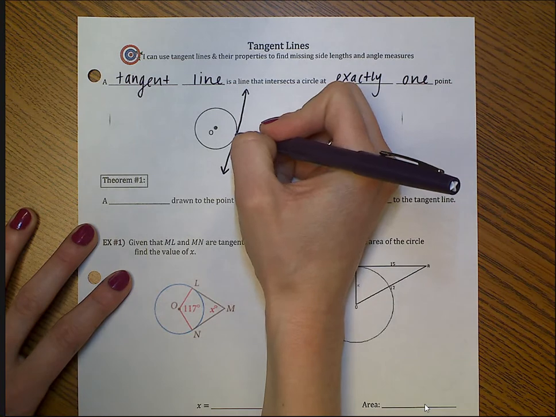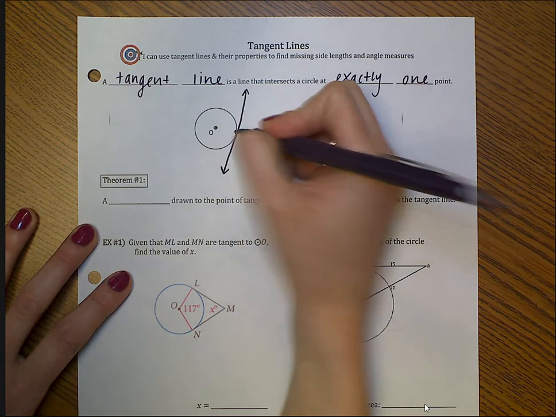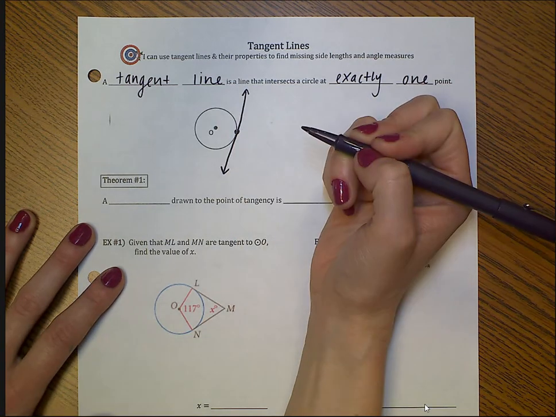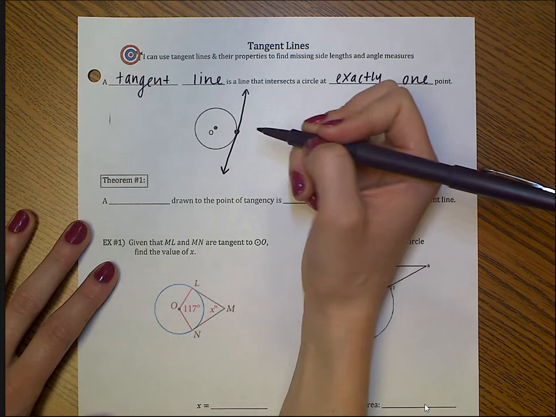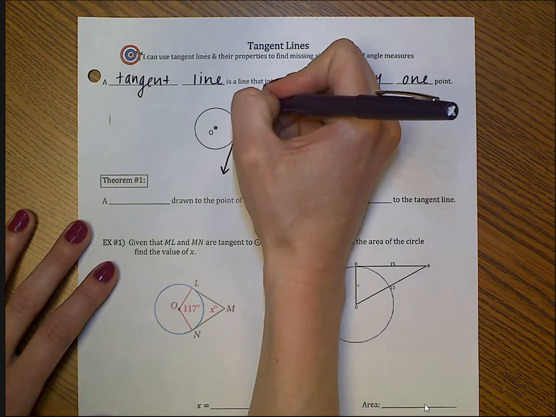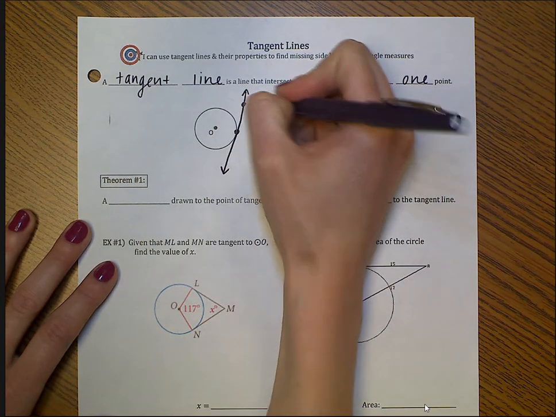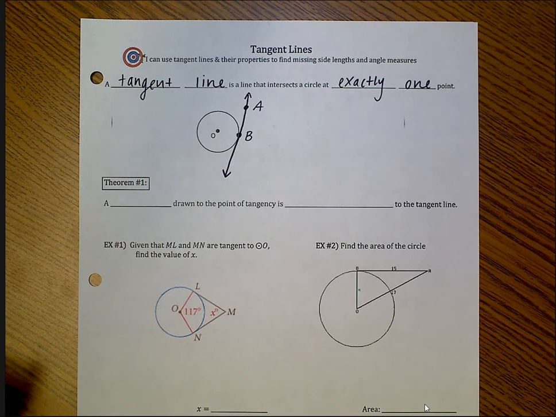Let's say my circle touched just right there. I'll name this tangent line with 2 points. Maybe we call it line AB. That would be a tangent line, touches the circle in one place.